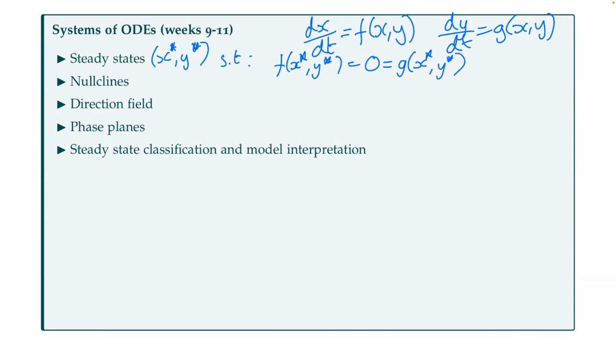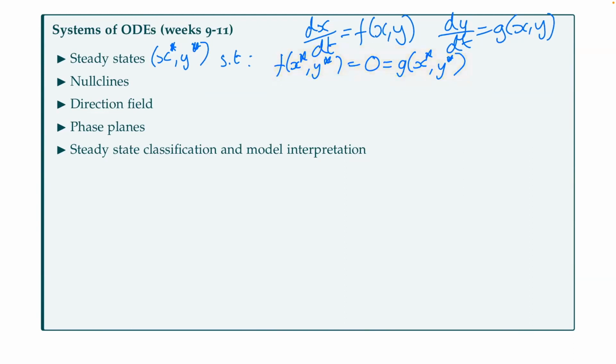Okay, so a common mistake that people make is that they find values of x star and y star so that this is equal to 0, or this is equal to 0, and then just put all combinations of these two things together. These two equations have to simultaneously be equal to 0 to have a steady state. Okay.